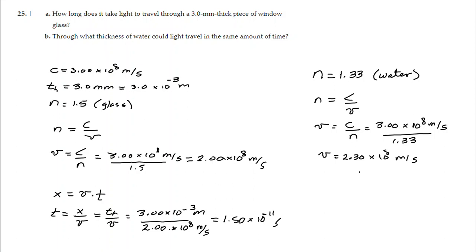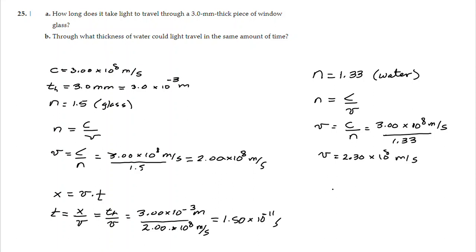So you can see the light travels faster through water than through glass. Now we can find the thickness of water that the light will travel in the same amount of time that we had for the glass.